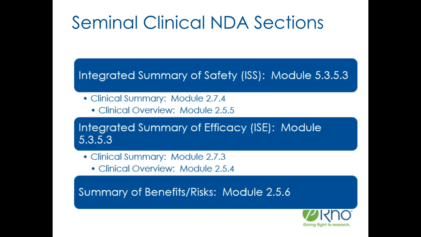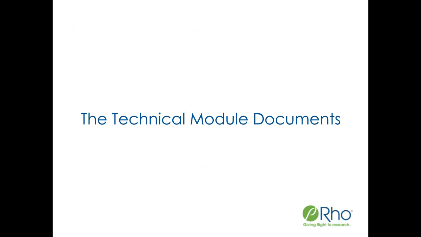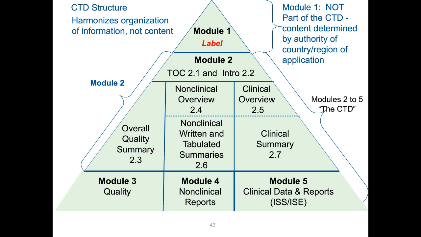So now I'm going to briefly go through the other technical module documents and hopefully leave time for questions at the end. Just to reorient you again, there is CMC quality, non-clinical, and clinical cascading up to your label in this organization of the CTD.